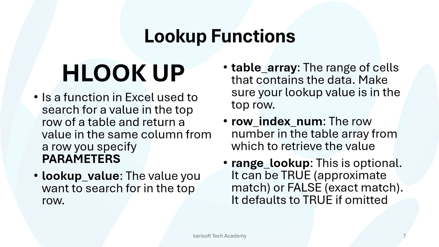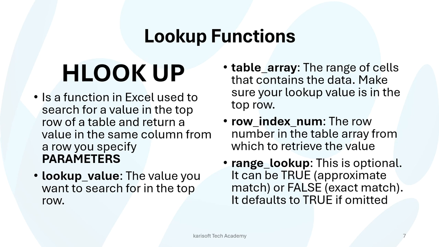You have a lookup value, which is the value you want to search for in the top row, and then the table array, which contains the data where the value you want to select is. And then there is a row index number, which refers to a row number in the table.